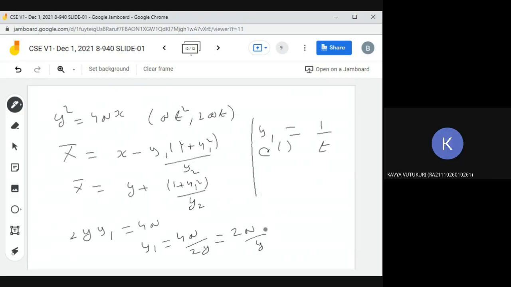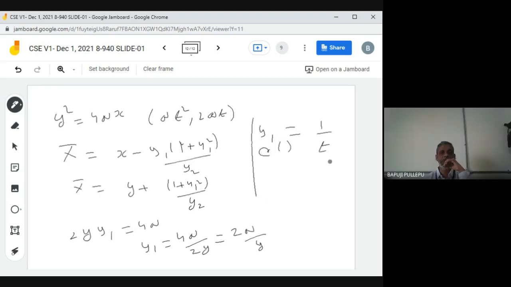Minus 1 by 2at cube, because you have multiplied by 1 by t also into y1. First you differentiate y2, what will you get, tell me. Y2 is equal to what? Minus 2a by y square into y1. Agree? Correct? Okay, I'll go for next day. Hold on.